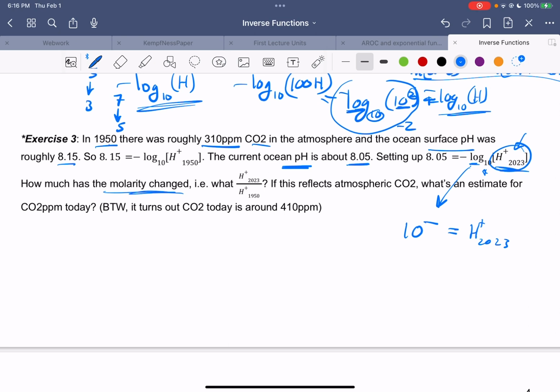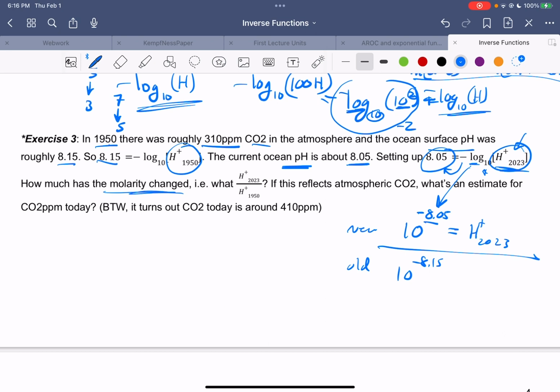It turns out that power is negative 8.05, because there's this negative here, so I move it over. Similarly, in the 1950s, that power would have been negative 8.15. So we have new and old, and now we can get a percent change.